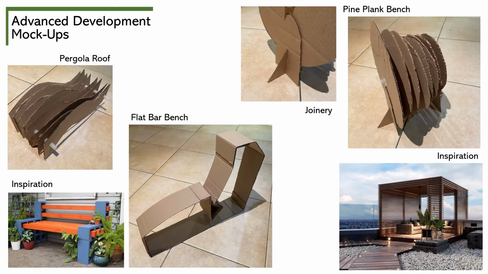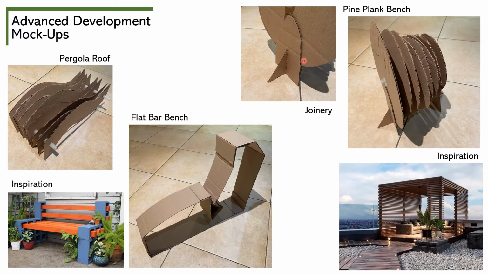Then we move on to the development, which is the part that is new to this presentation. In this part of the development, I have done some advanced markup developments such as scale 1 to 2 and 1 to 5. Over here, I basically did a cross section or a small section of the bench that I'd like to create in the final prototype.